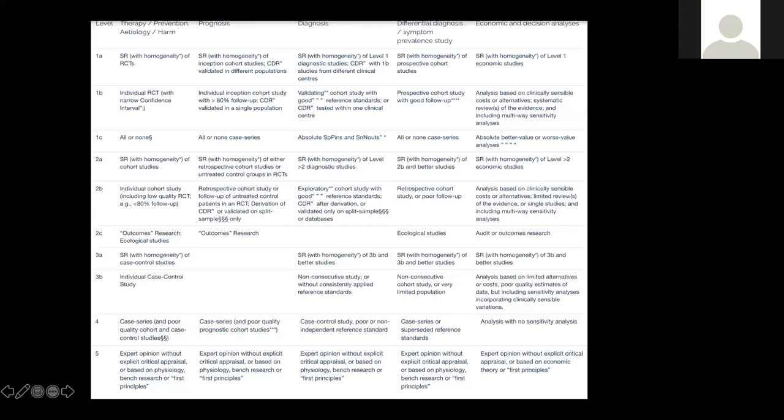And the lowest evidence that we have is expert opinion, or something without any critical appraisal, or something based on physiology or bench research. So that is the lowest evidence that you can have. Usually what we go through are either systematic reviews or randomized controlled trials or cohort studies.